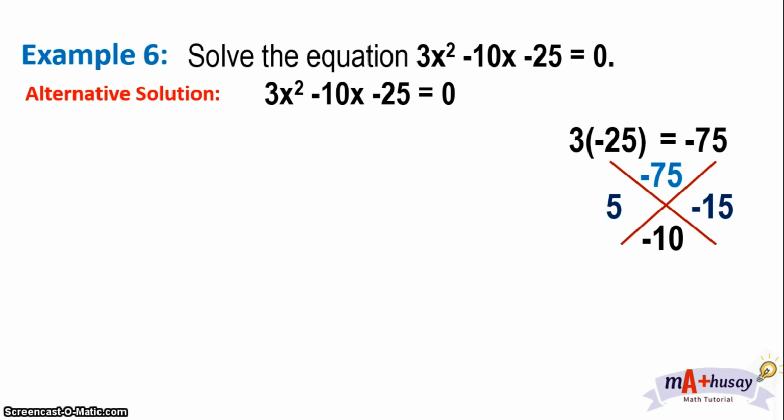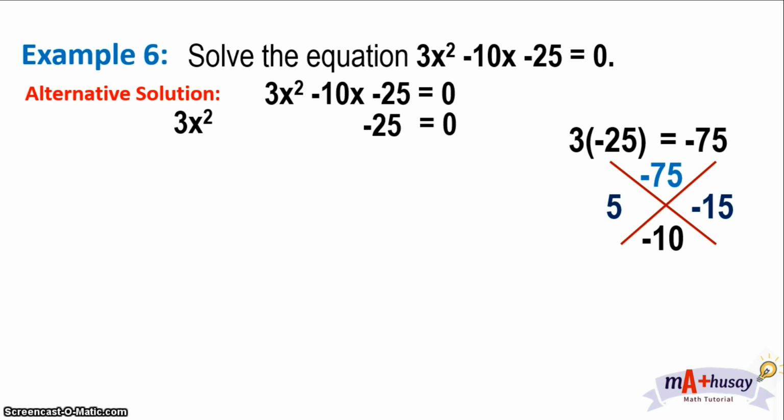So, this time, ang gagawin natin, kailangan natin i-copy si 3x squared. Now, itong 5 at negative 15, gagawin natin ay i-add natin siya sa middle term. So, we copy the negative 25 equals 0.